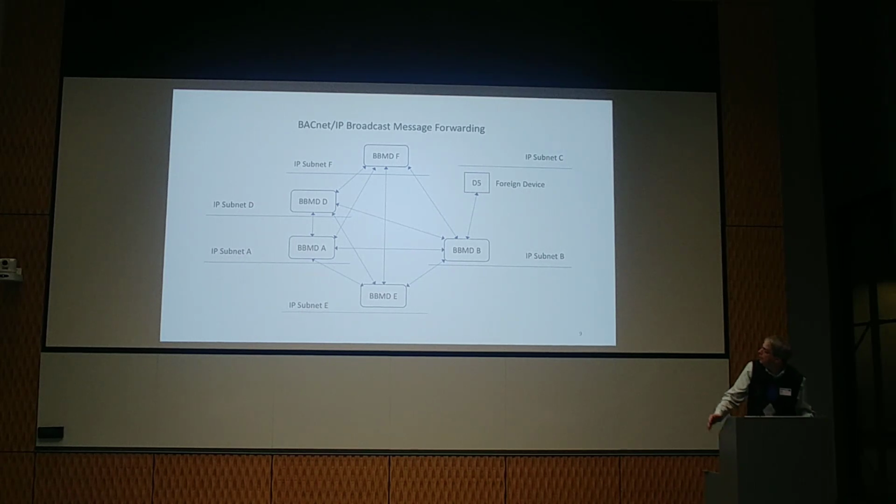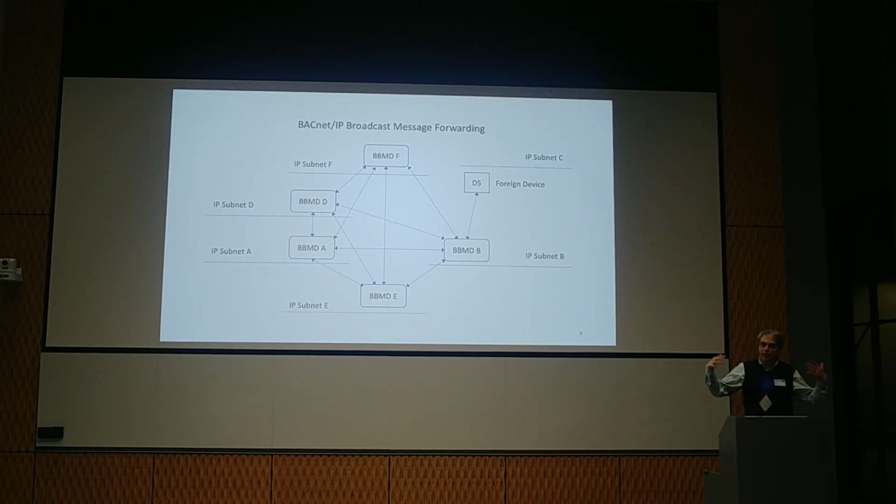So in this diagram, we show a network in which we have 6 subnets. I'm not showing any MSTP networks here, but you can imagine MSTP networks coming off of each of these subnets.